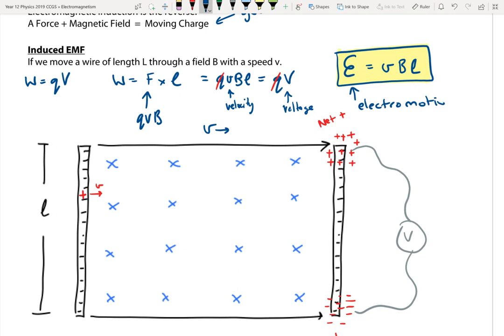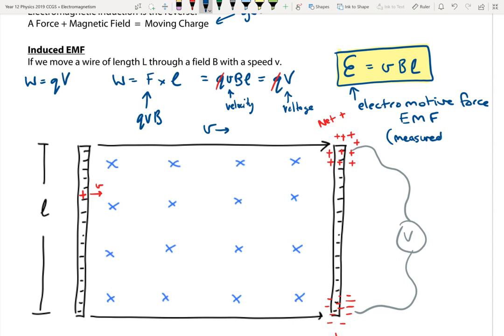Electromotive force, or EMF. So you may have encountered the EMF in Year 11 circuits. It's generally provided by power packs or batteries or solar panels or generators will produce an EMF. It is measured in volts.